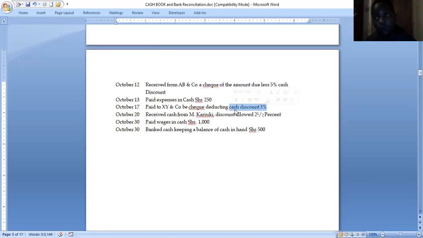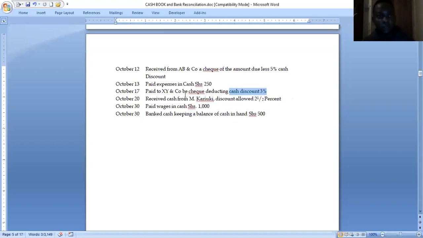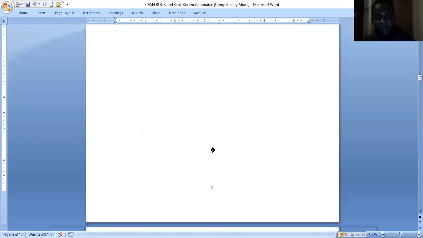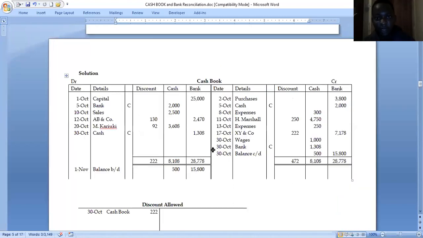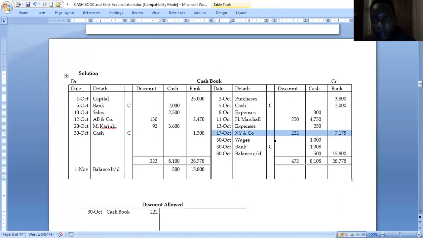So therefore, credit discount received account. So this shall be shown on the credit side of the cash book as follows. So on October 17th, on the credit side, we credit XY and company with a discount of 222, and the amount that we end up paying is 71.78.